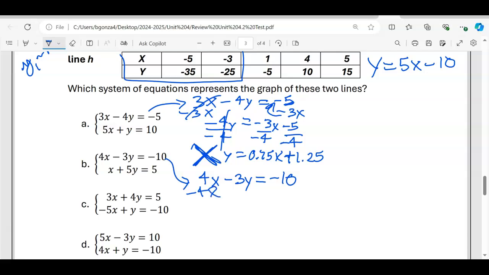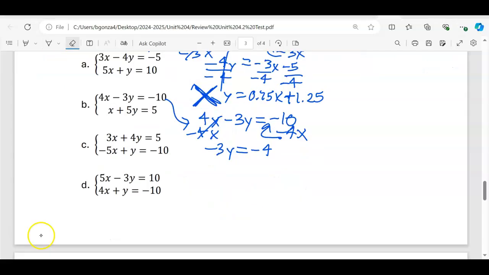Minus 4x, minus 4x, bring down -3y equals -4x minus 10.